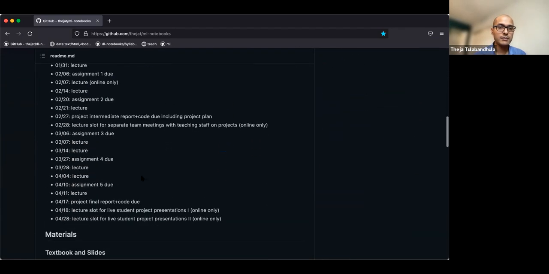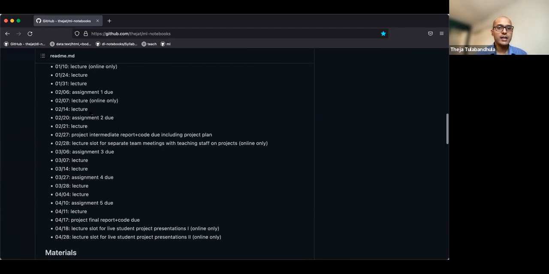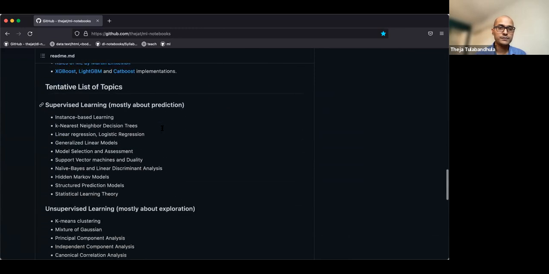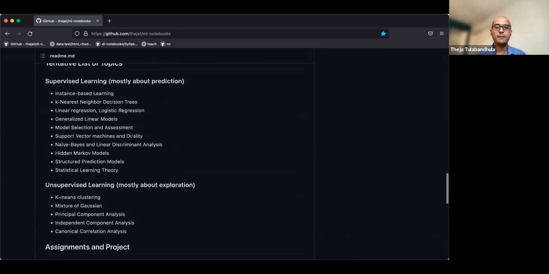Okay, so let's come back to where we were. So we are here. It's just an exception for today that it's online. In terms of the collection of models that we have looked at, we have seen k-nearest neighbors, we have seen decision trees, we have seen linear regression quite a bit, and we'll wrap up today.